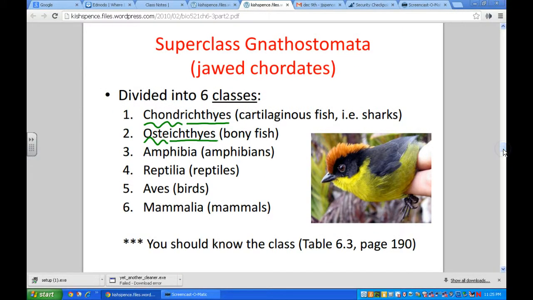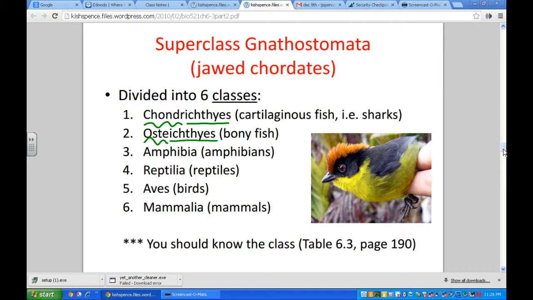Within superclass Gnathostomata, the jawed chordates, there are 6 classes that we're going to do a little survey on. And so you'll be getting a sheet to fill out like the last one, where you're going to read a couple pages in the textbook and figure out some of the key features to be able to compare the 6 classes. First class is chondrichthyes.